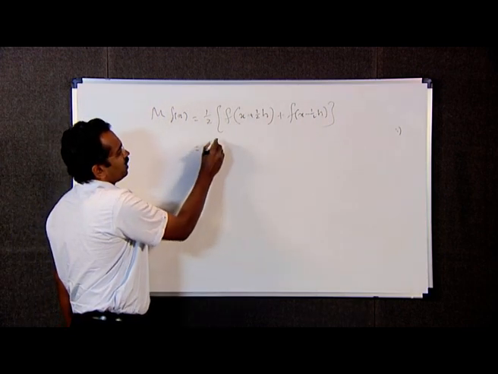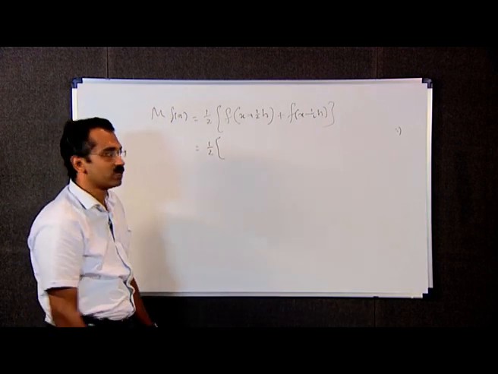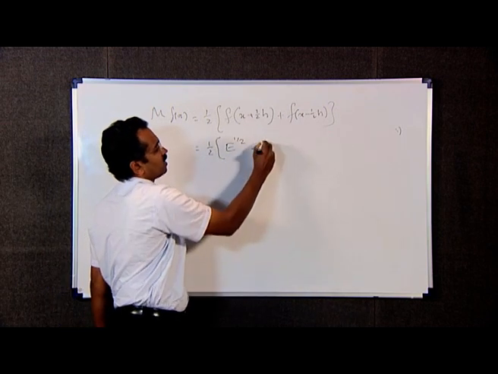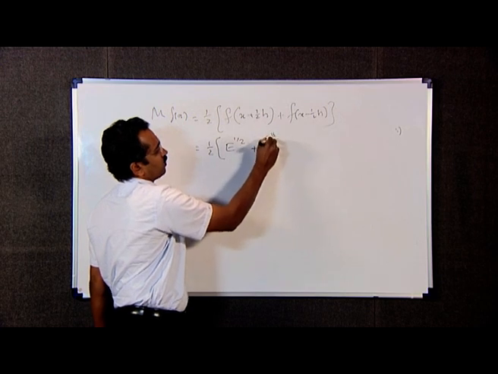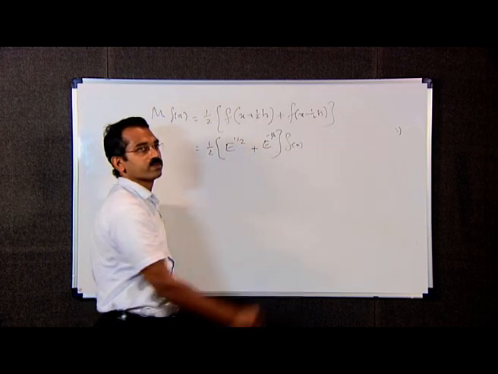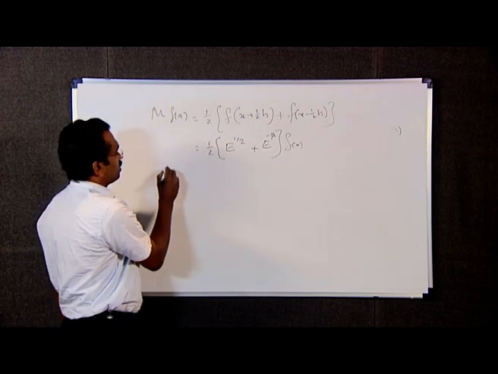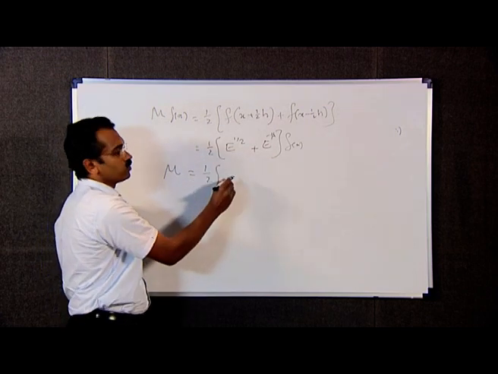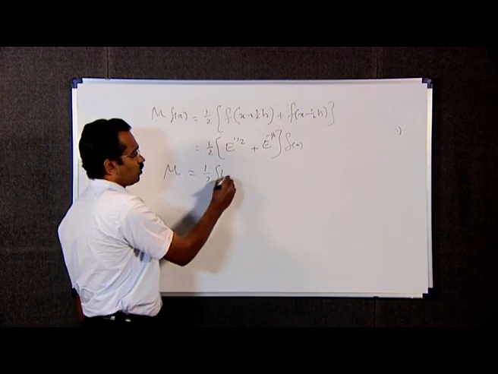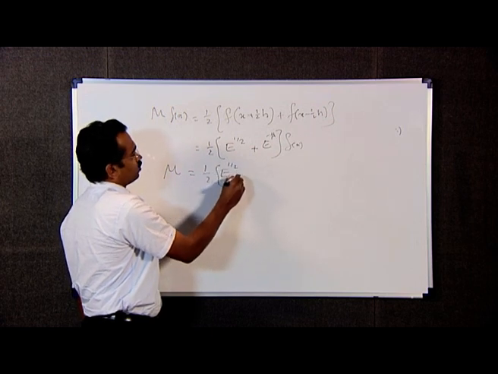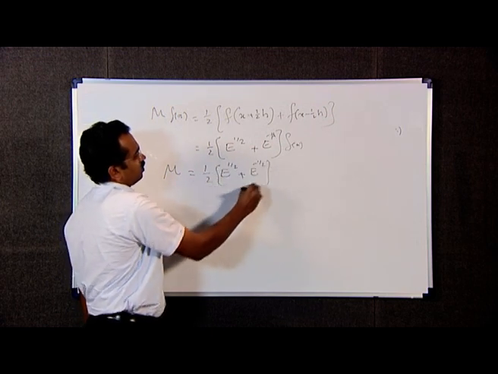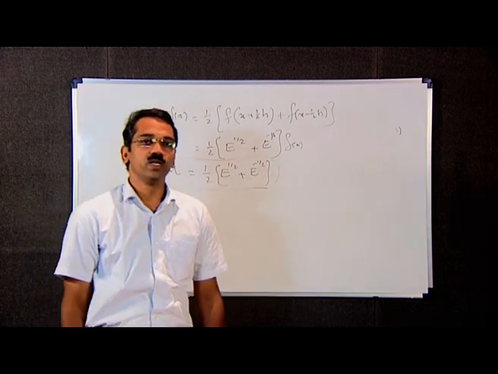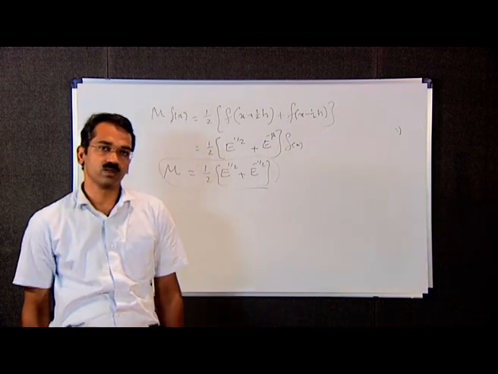This is equal to 1 by 2 into, by definition of the shift operator, we can write this as e raised to 1 by 2 plus e raised to minus 1 by 2 of f of x. That is, the identity is mu is equal to 1 by 2 into e raised to 1 by 2 plus e raised to minus 1 by 2, an identity connecting the mean operator and the shift operator.